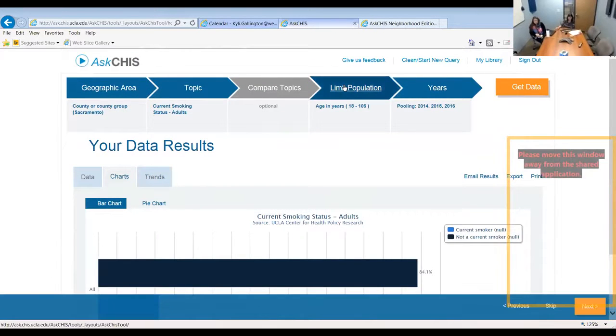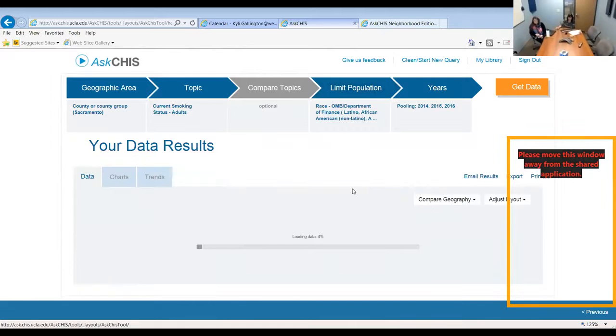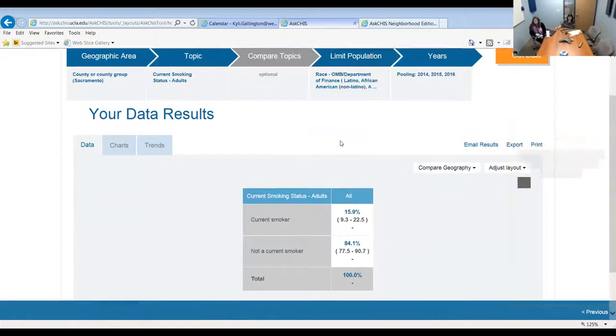One thing that might be nice is instead of limiting population, let's say I wanted to look at maybe not smoking for everybody, but maybe just for the Latino population, the African American population, and the American Indian, Alaska Native, non-Latino population. Still pulling data. Oh, wait a minute.